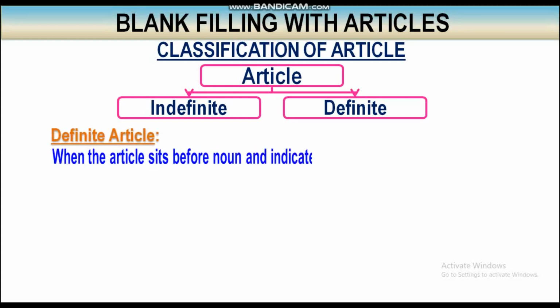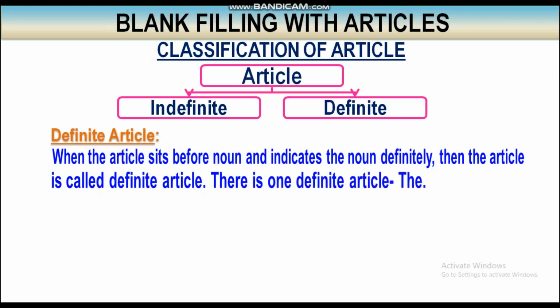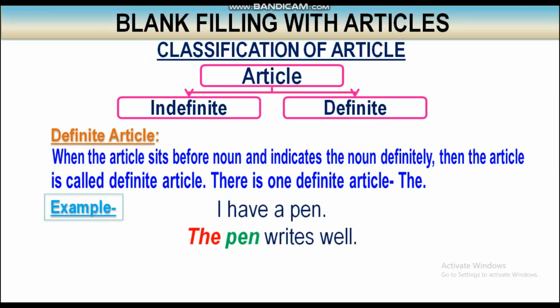Definite article. When the article sits before noun and indicates the noun definitely, I mean in specific, not in general, then the article is called definite article. There is only one definite article, and that is the. Let's follow an example. I have a pen. The pen writes well.